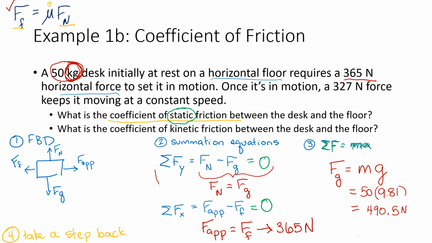Why did we solve for the force of gravity again? What were we doing? Because it's equal to the normal force, and we need the normal force for this up here. Okay, cool. So we're almost done, huh? So I'm going to rewrite it over here. Force of friction equals mu times the normal force. The force of friction was 365.